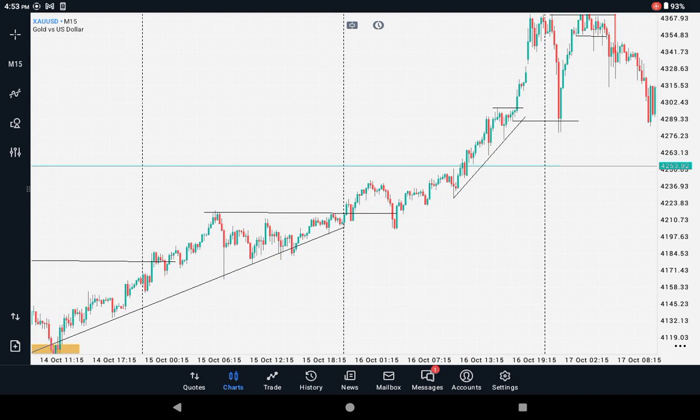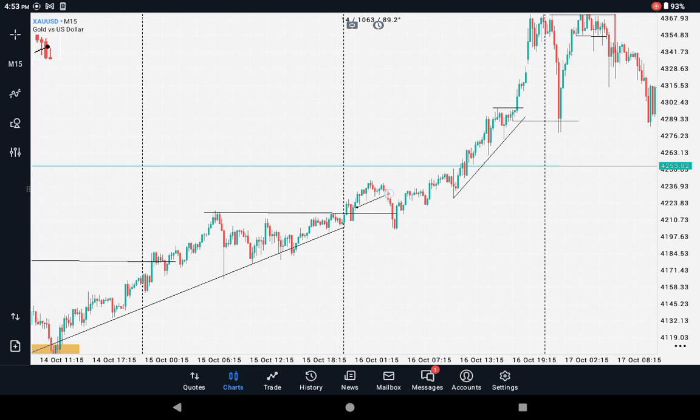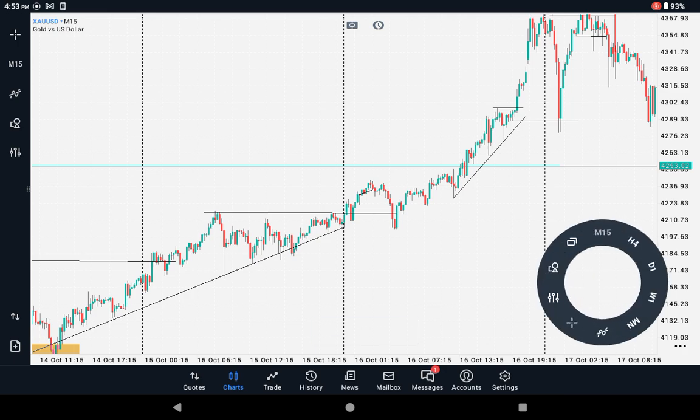After this break, I saw this level, that kind of trend line liquidity. And when I saw that, I was interested in looking for a buy.